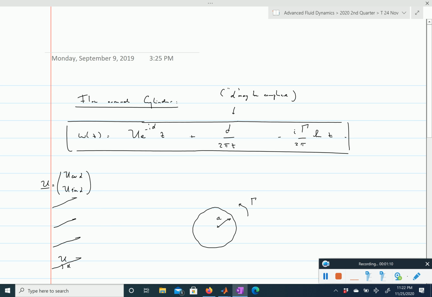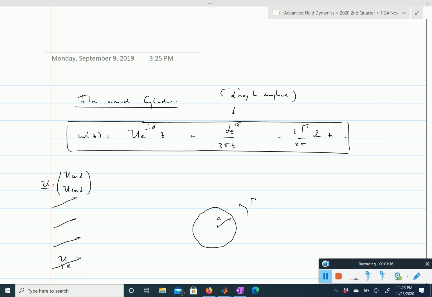And here, because the dipole strength might be complex, I'm going to write it directly as D exponential i delta, where D is the modulus, so D is now real, and delta is the argument, minus i gamma divided by 2 pi log of z. This is the complex potential associated with an irrotational vortex.